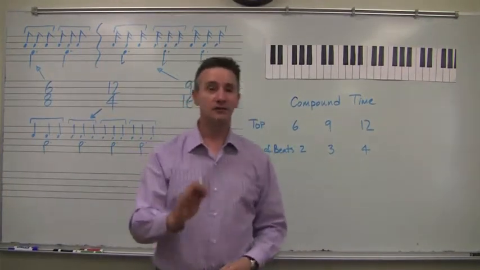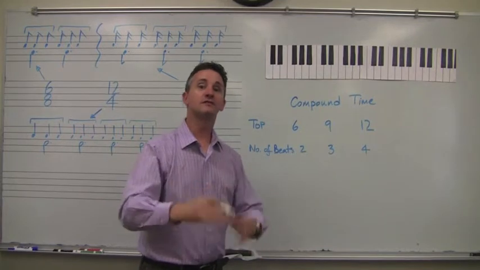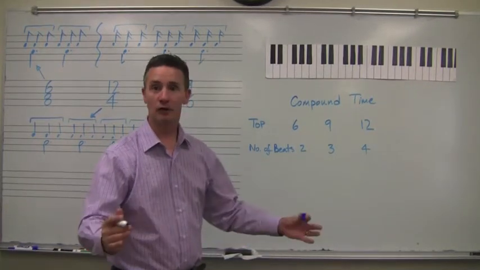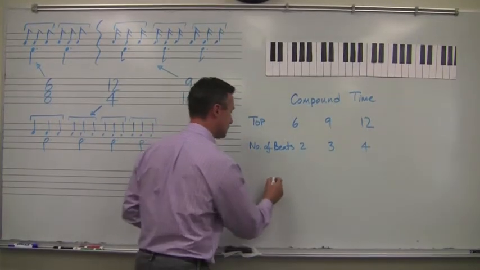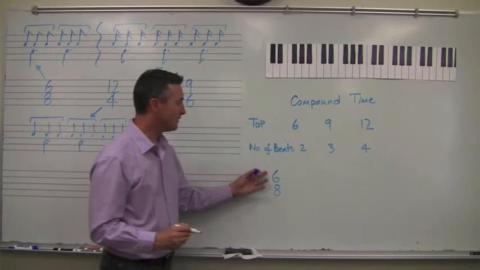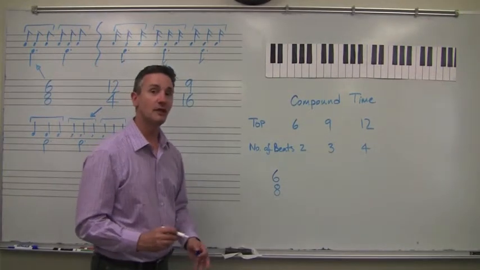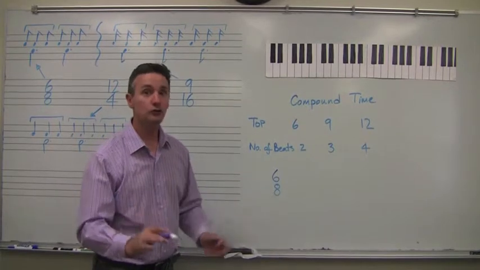Now, I'm going to stop and point out that this will be different from what some of you have learnt in the past. You will have seen a time signature like 6/8, and you will have been told there are six eighth notes in the measure and therefore there are 6 beats in the measure. That is not true.